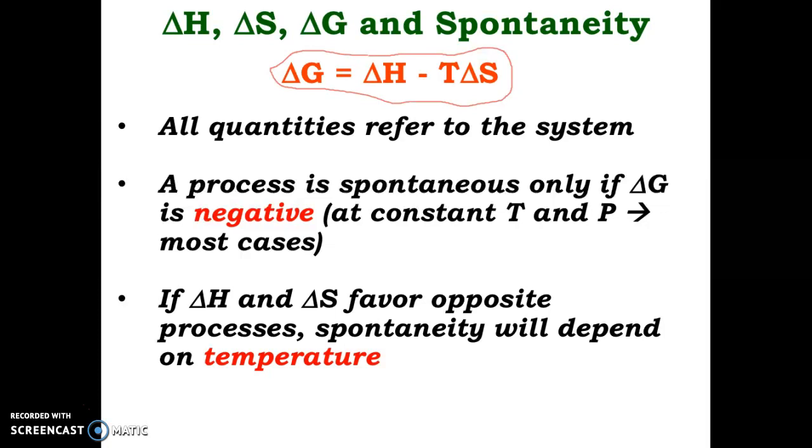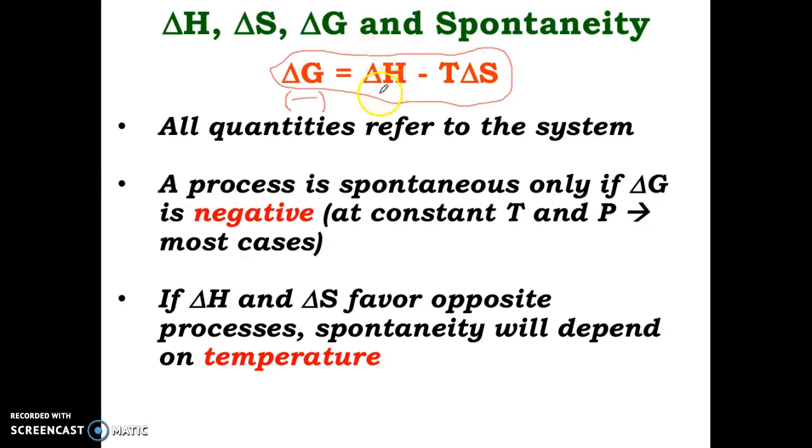The big idea with this equation is that if delta G is negative, the reaction occurs spontaneously. If delta G is negative, the reaction is going to occur on its own. Delta H and delta S control that.